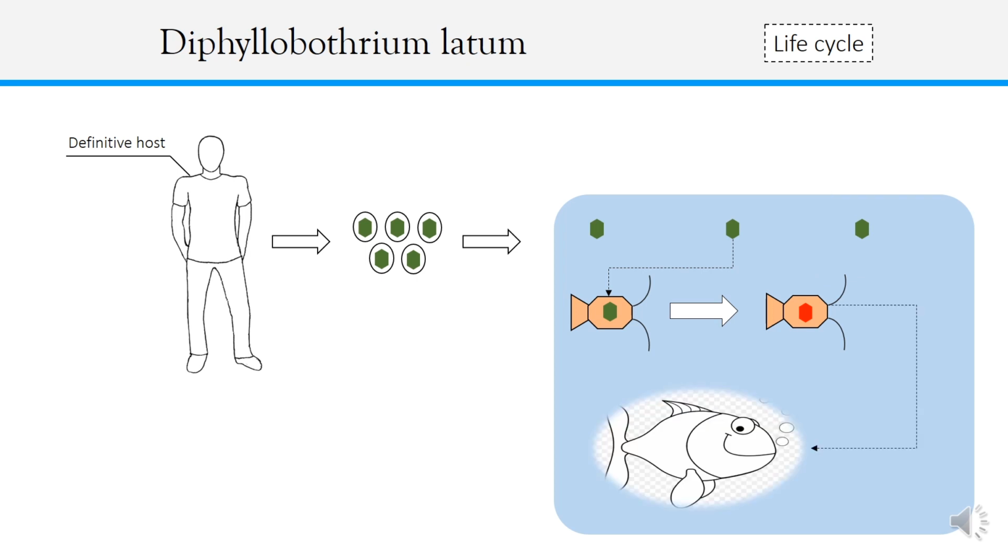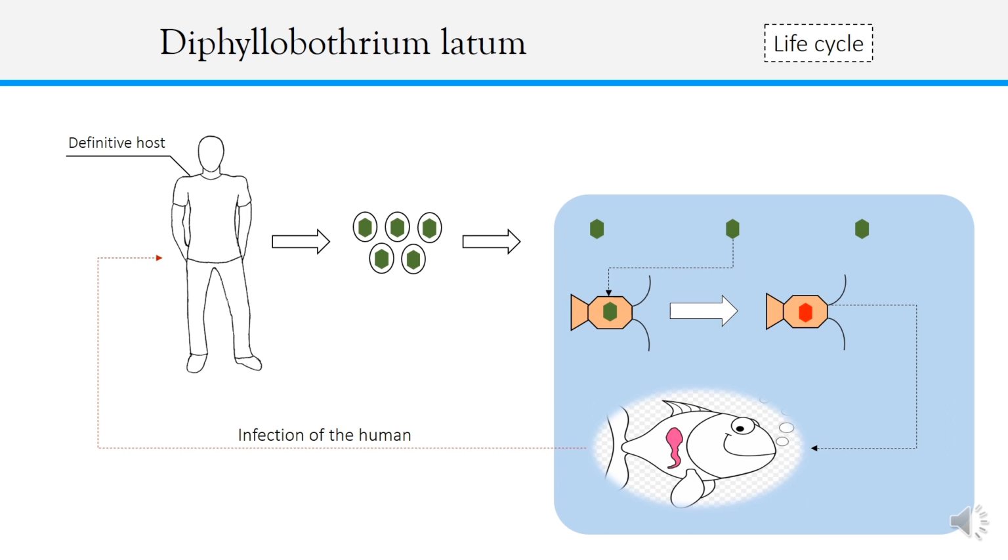When this cyclop infected with the immature form of Diphyllobothrium latum is eaten by fish, inside the fish this procercoid will be transformed into fin. And the fin of Diphyllobothrium latum has a morphological type that is called plerocercoid. This plerocercoid will be located in the muscles, liver, and ovary of the fish. And then this fish carrying plerocercoid will be infectious for a human.